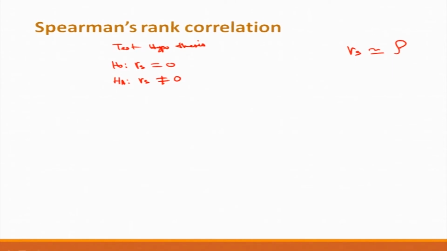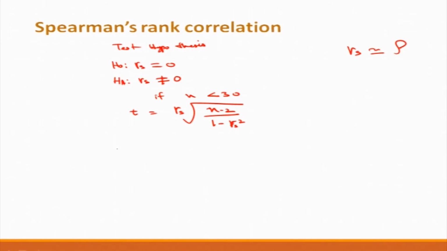So we calculate the value of RS, and if n is less than 30, we will use the t test, in which the relation for t is equal to RS times the square root of n minus 2 over 1 minus RS square.